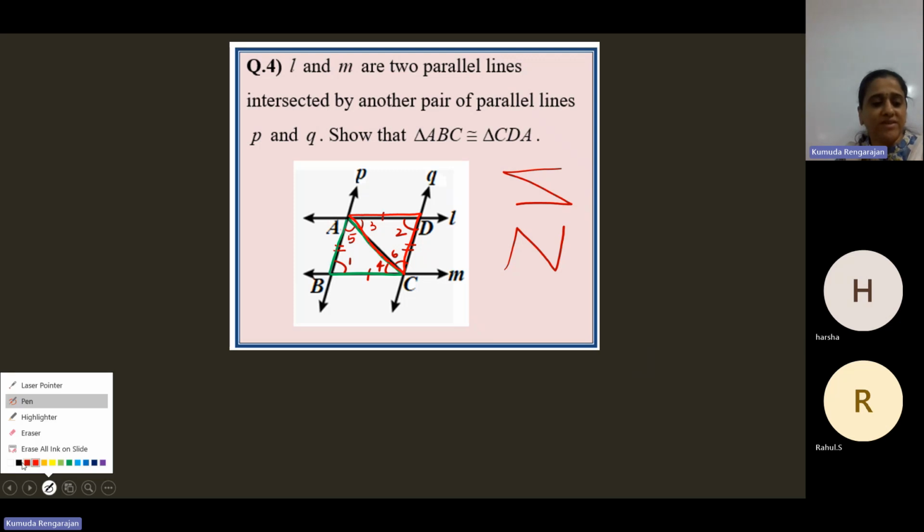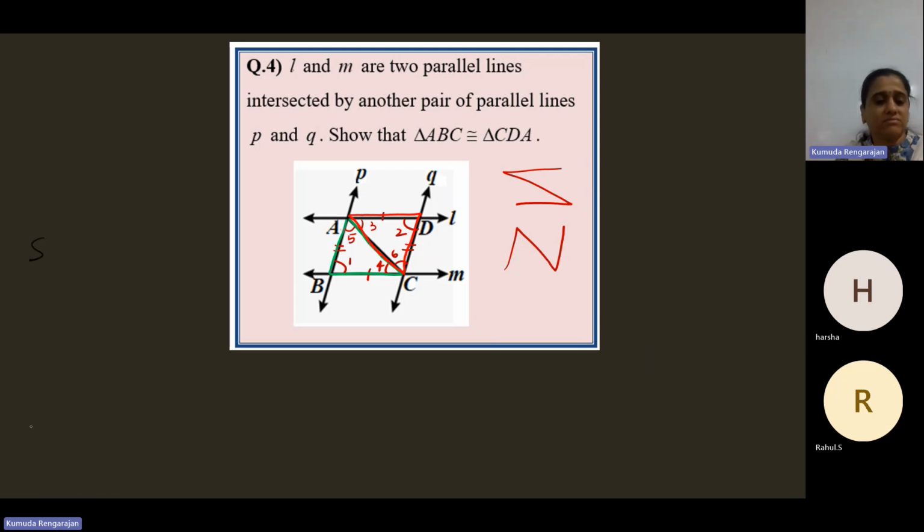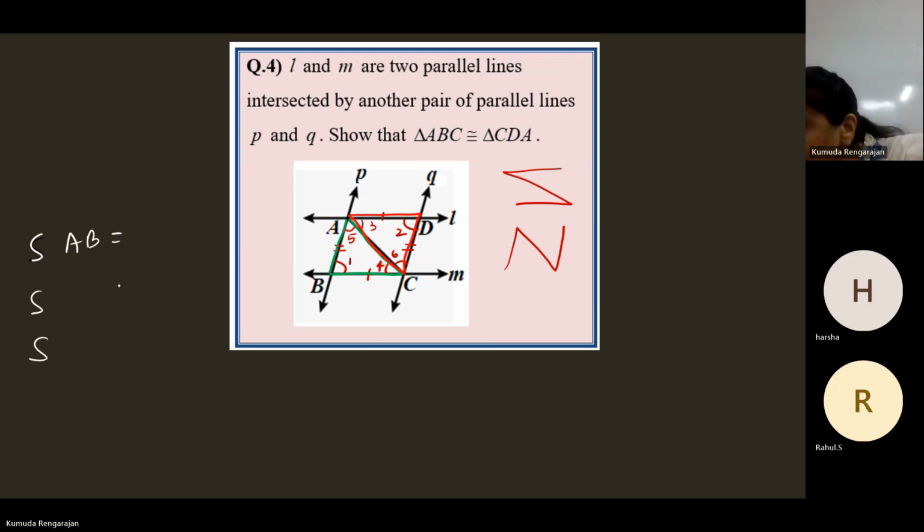If you want to use SSS, you must say AB of the first triangle is equal to DC of the second triangle. CD or DC, anything, both are fine.